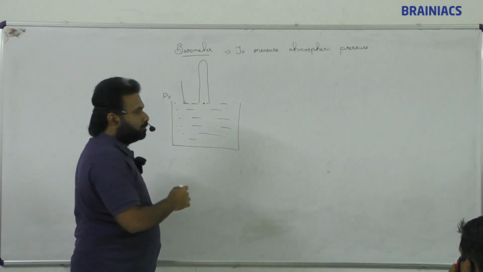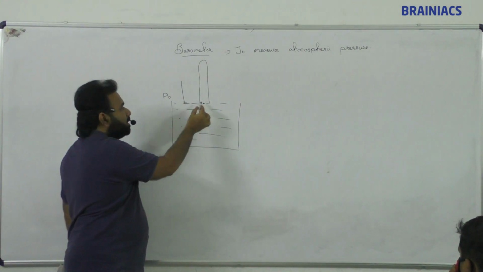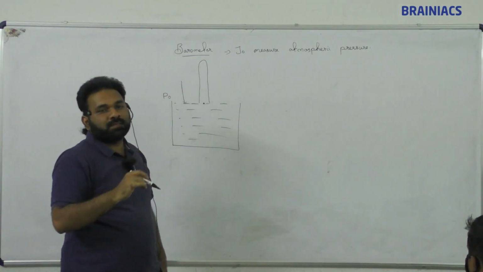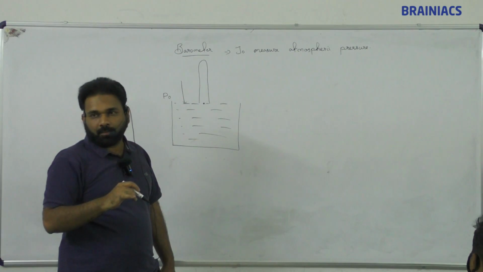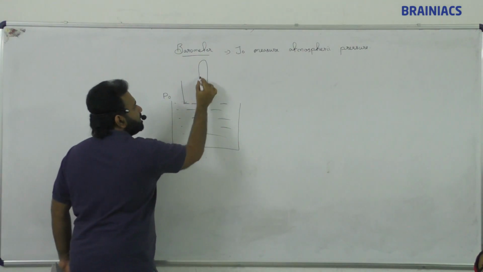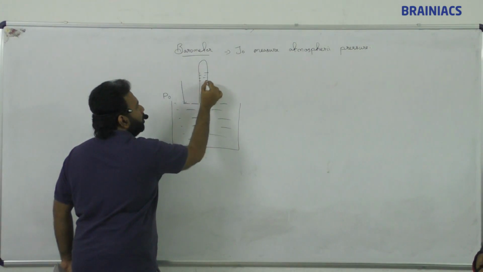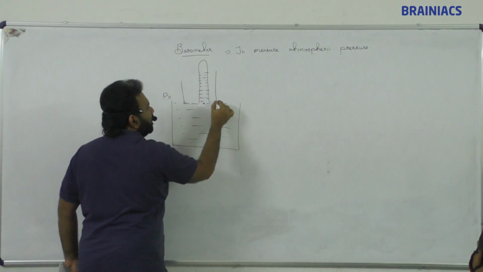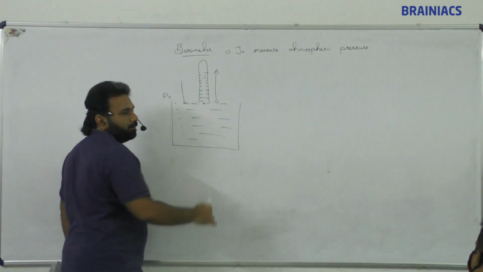Correct or what? Whatever be the pressure here, same pressure should be there, this is static fluid. Horizontal level, it should be same pressure. So what will happen? This mercury will rise into this capillary tube. There will be a scale kept here.